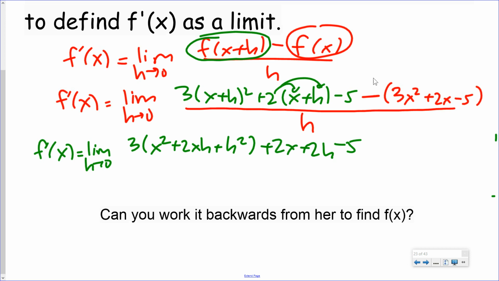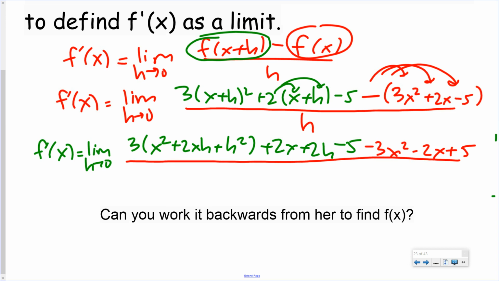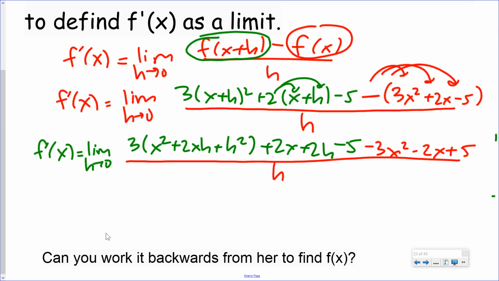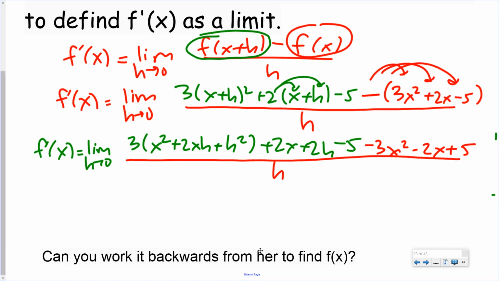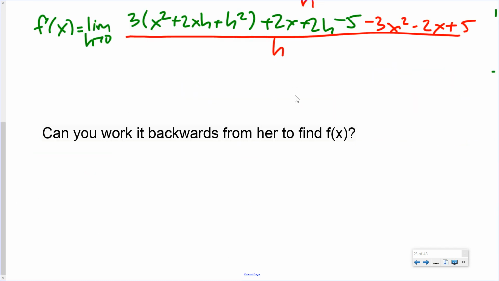Then I'm going to distribute this negative. All you're doing is trying to get rid of all your parentheses. So that's negative 3x squared minus 2x plus 5, all over h. I know it's really ugly, but people have ugly babies and they still keep them. So we're going to keep going. Just hang on.